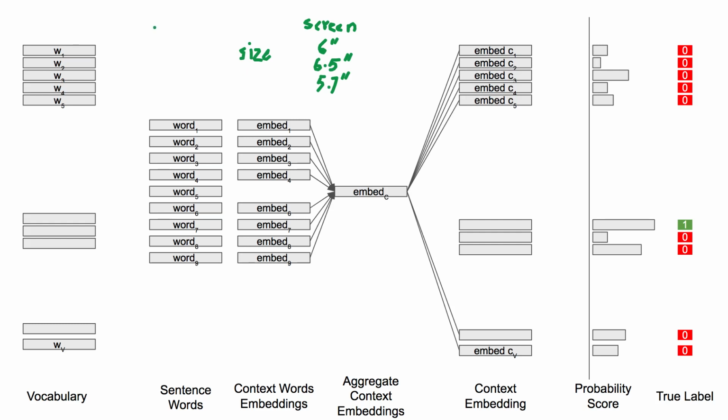And let's look at another context, shirt: XL, L, M. Okay, now size appears in two contexts, one related to apparel and one related to smartphones.